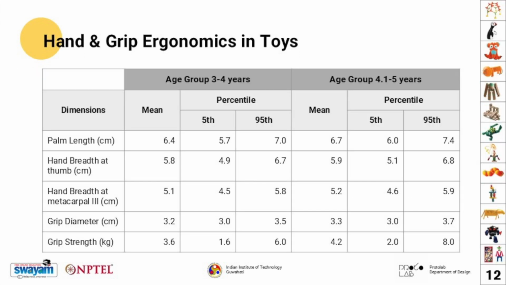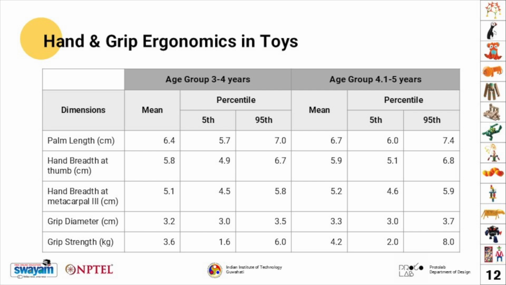For children aged 4 to 5 years, hand breadth at thumb ranges from 5.1 centimeter for the 5th percentile and 6.8 centimeter for the 95th percentile. That means if your toy grip is 7 centimeter wide, you are excluding almost the entire lower half of the user. Now consider grip diameter.